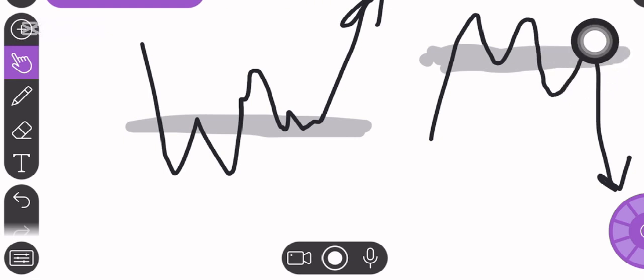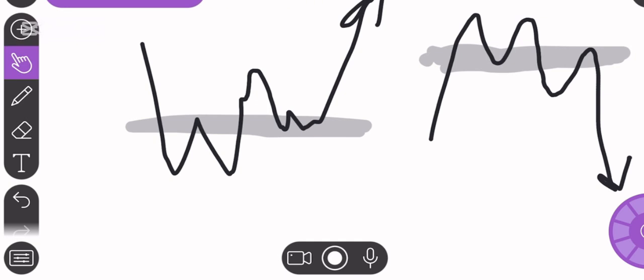Then wherever it gives you the signal to sell, that's where you sell. The same thing with this, wherever it gives you the signal to buy, that's where you buy. But just bear in mind that it can dip a little bit more into this range. Okay, so that's just it.